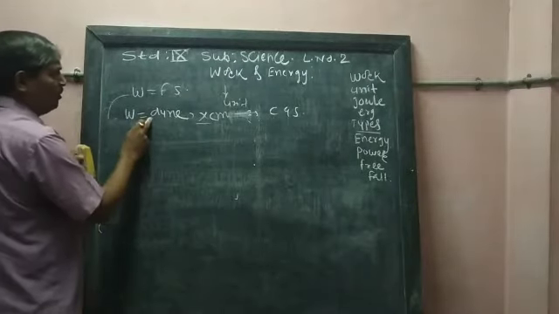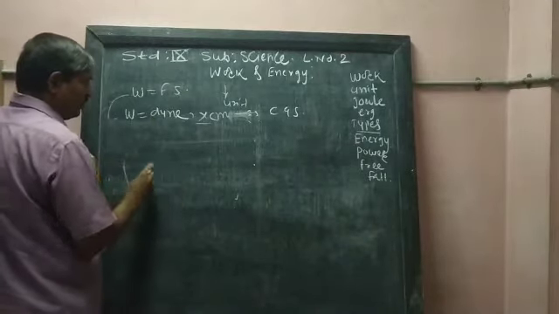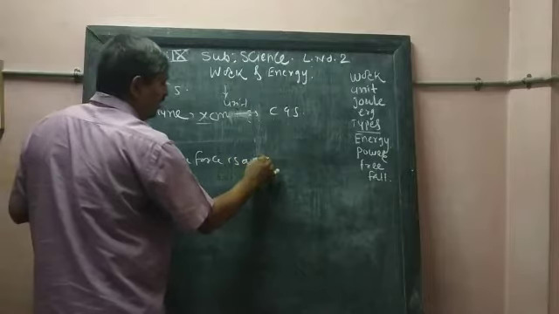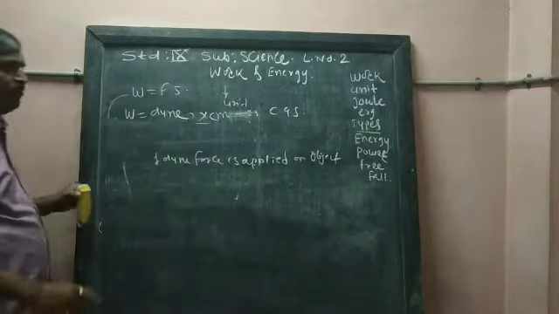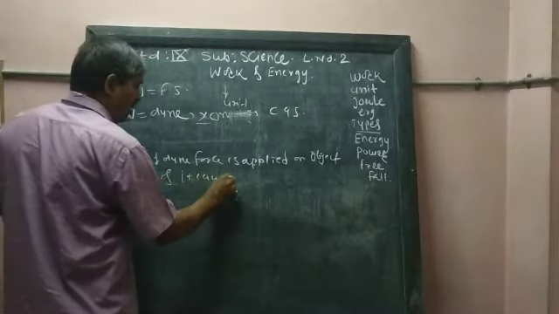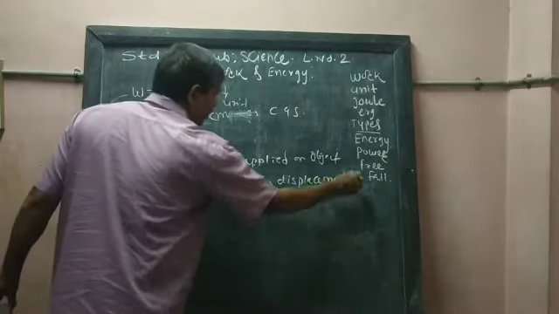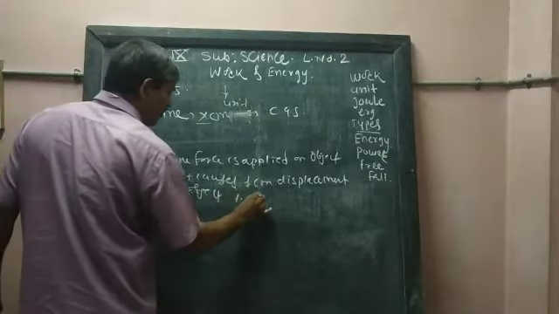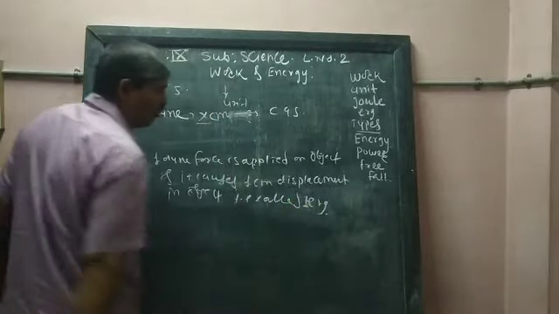So when one dyne force is applied on an object and it causes 1 centimeter displacement in the object, that is called 1 erg.